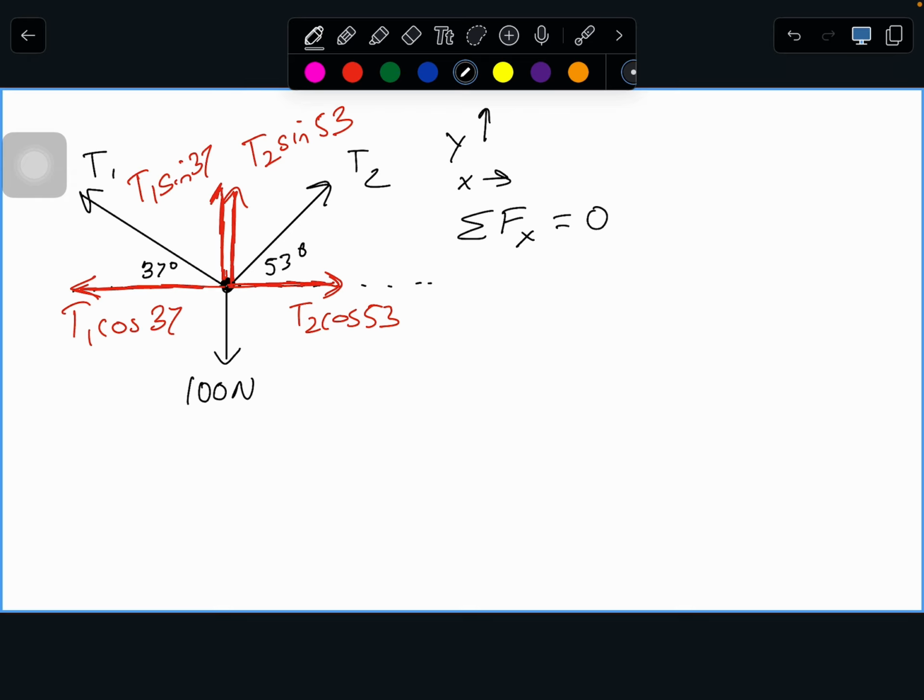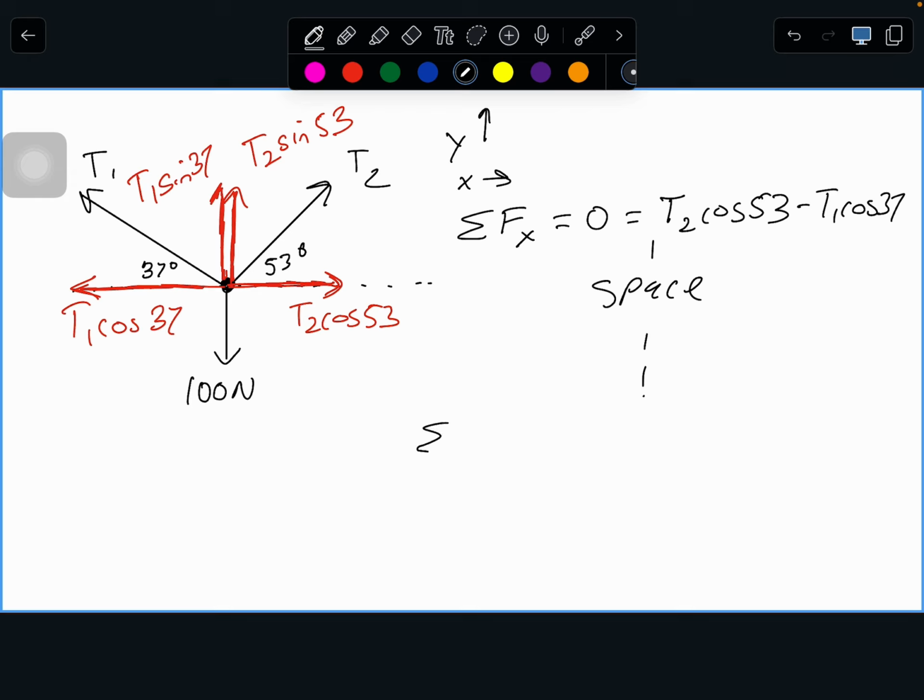Now, in the x direction, we have T2 cosine 53, that's to the right, positive, minus T1 cosine 37. And it's minus because it's going towards the left side. Now I'm going to leave a big space right here, and you'll see why.